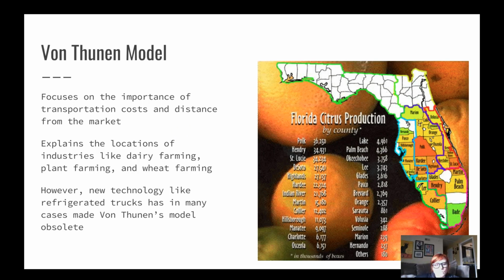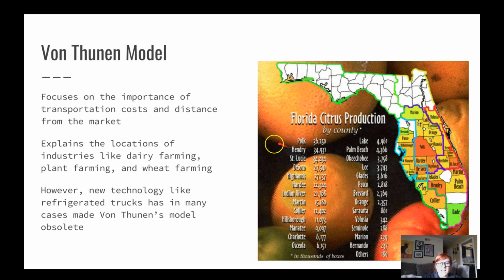Okay, so I gave you this example of Florida and their citrus production, and you will notice that there's really no rhyme or reason to where a lot of these farms are. Okay, so a lot of times, lots of California agriculture also doesn't follow the Von Thunen model.